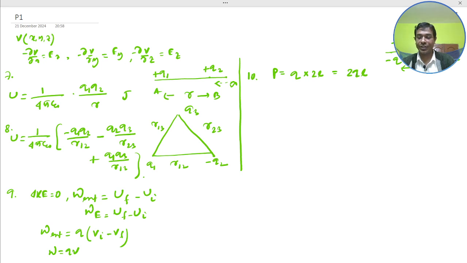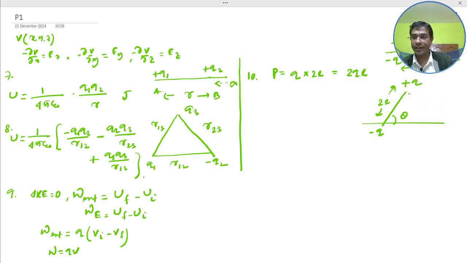The direction of P is opposite to E between the charges. Now the torque acting on a dipole in a uniform electric field. Suppose this is a dipole making angle theta, with charge plus Q and minus Q, and this is the 2L distance.